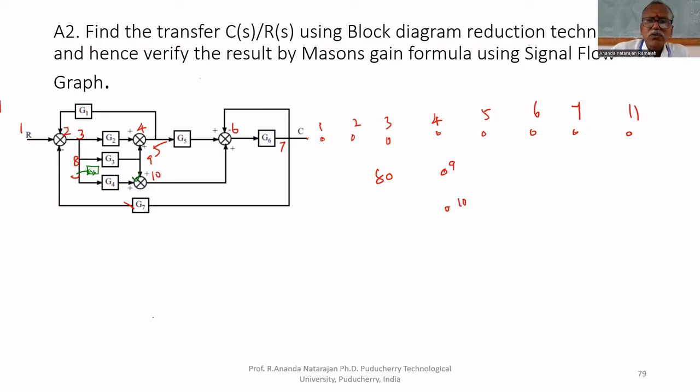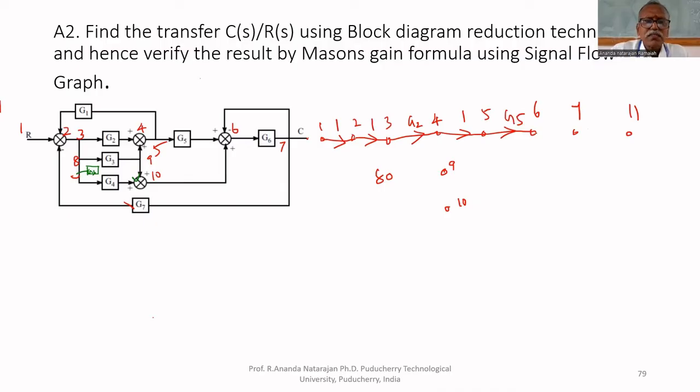So 1 to 2, what is the gain there? 1. 2 to 3, unity gain. 3 to 4, gain is G2. 4 to 5, no gain. 5 to 6, what is the gain?